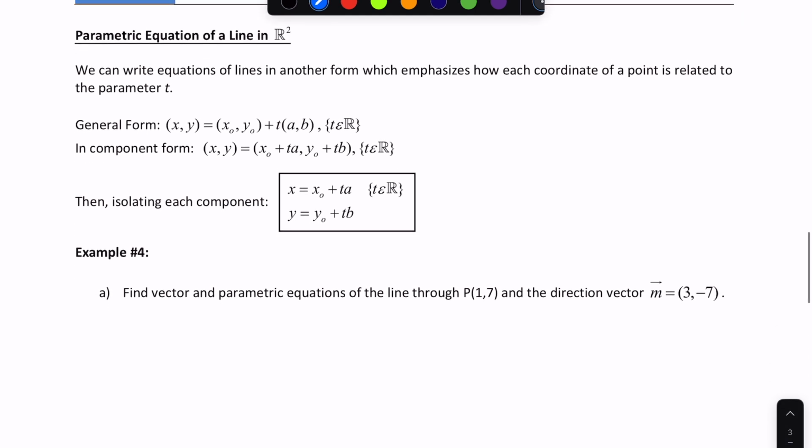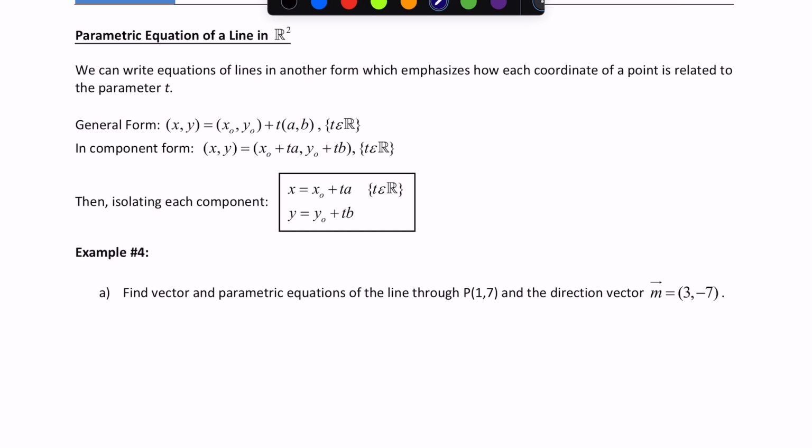Okay, so now if we look at parametric equations of a line in 2-space, we can write equations of lines in another form which emphasizes how each coordinate of a point is related to the parameter t. Our general form that we wrote is (x, y) equal to (xo, yo) plus the scalar multiple times the coordinate (a, b).